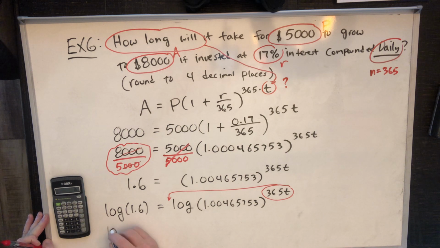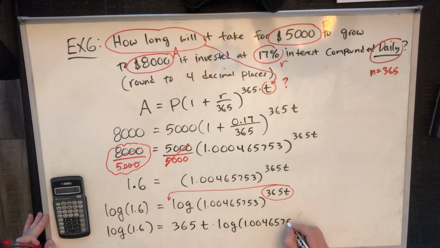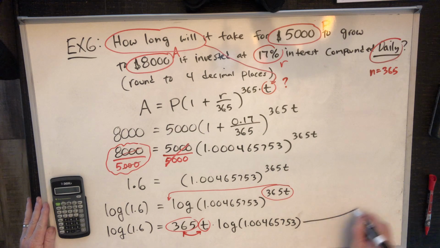So you've got log 1.6 equals 365t times log 1.0046575. I actually like to rearrange the order of the 365 and the t. I am really going to run out of space here, so we're going to have to do some Hollywood magic here.